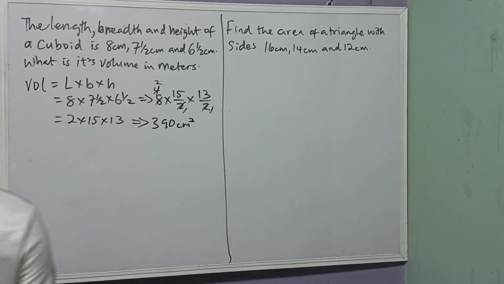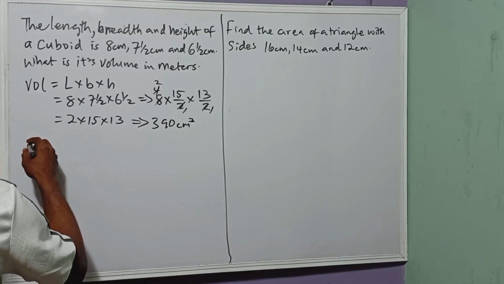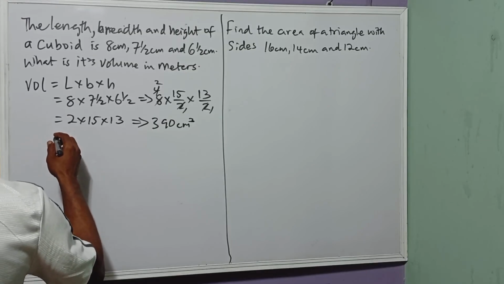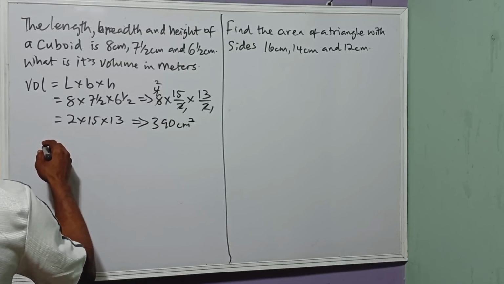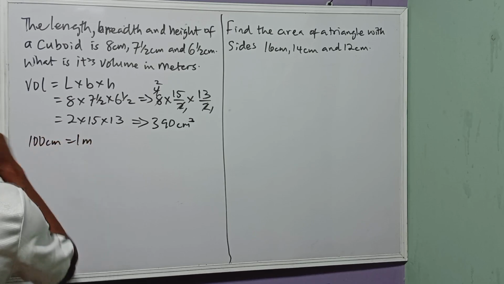centimeter cube. Now, we know that 100 centimeters equals 1 meter.